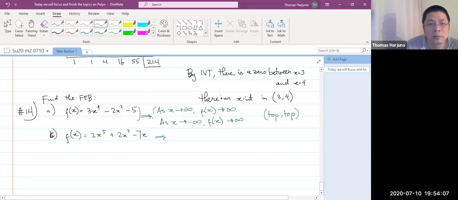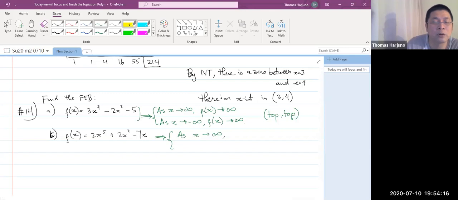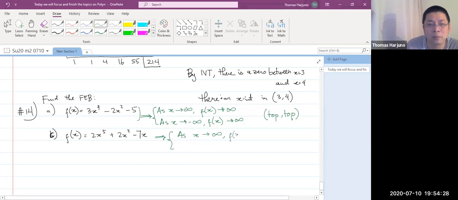Then, as x goes to infinity, you look at the leading term only. When x goes to infinity, that will be positive infinity. f(x) will be going to positive infinity.